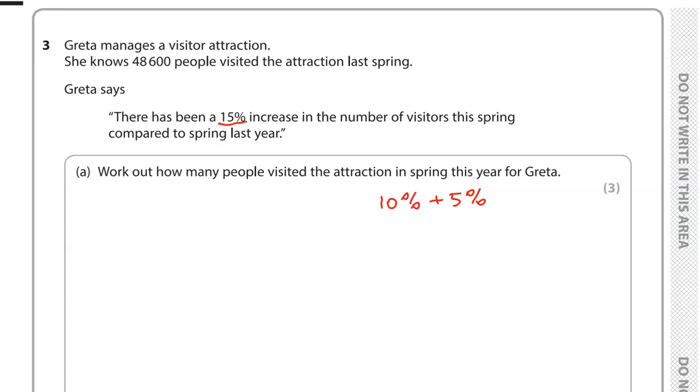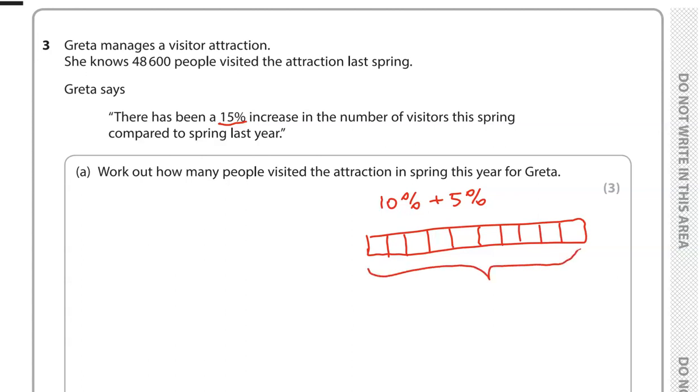So 10%, if I'm to quickly show what it means: if this is equal to 48,600, 10% would be this amount here. And then 5% would be this one here.